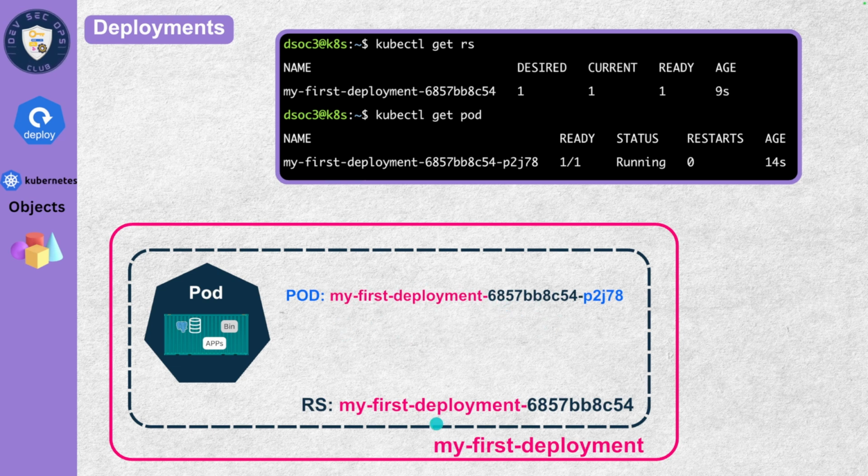You can see now in the replica set the name and some hash values as a suffix for the pod. Similarly, here the deployment created the replica set. So how does the deployment know which replica set belongs to it? It just adds my name, so my first deployment dash this hash value suffix. Similarly the replica set is also maintained by this. And that's how the deployments are created.